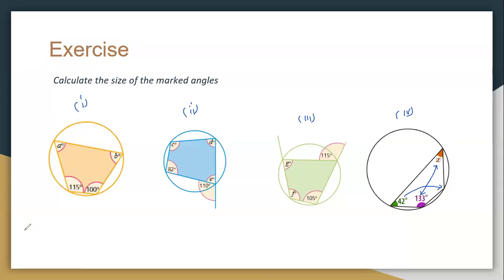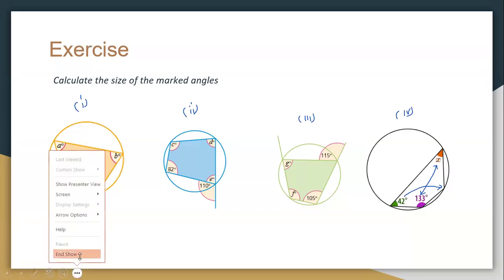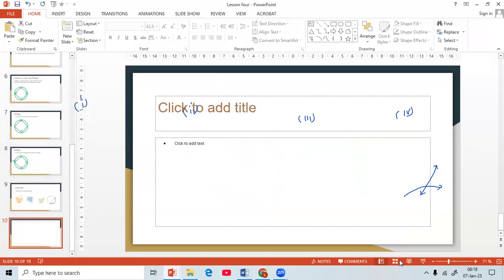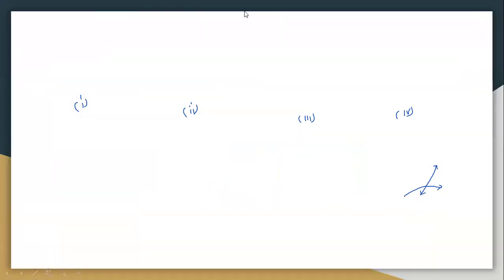But I wanted now to give you a mixture that requires you to involve some other properties at a go. So allow me to draw this one here, and you can see that at one point you may need to apply as many theorems as possible.